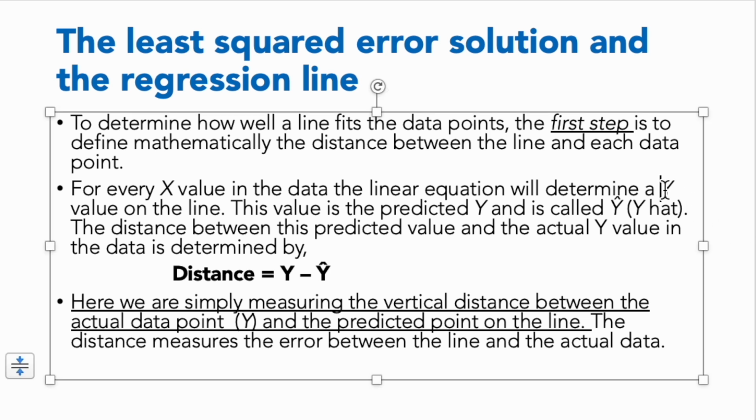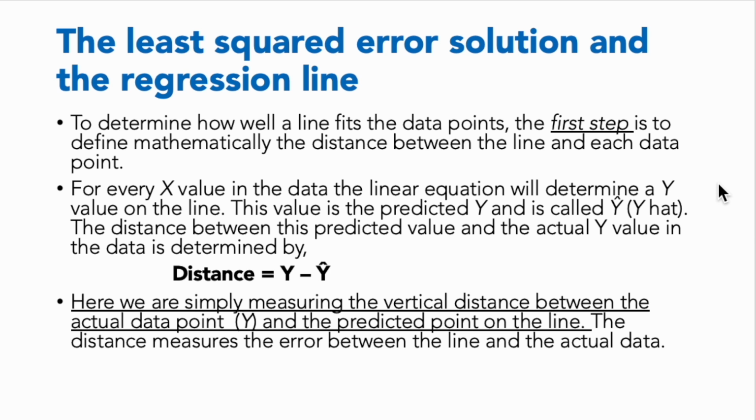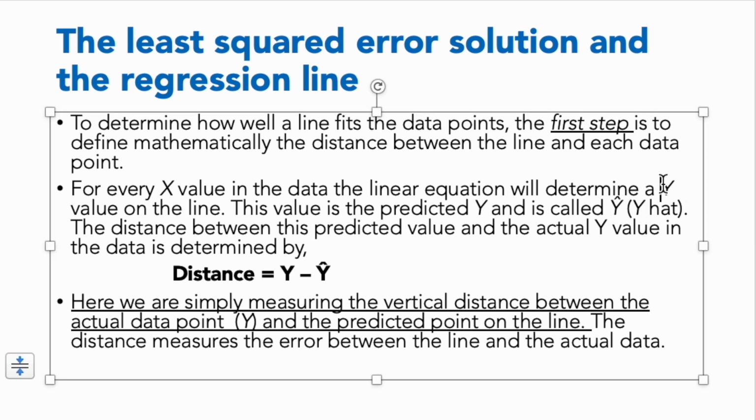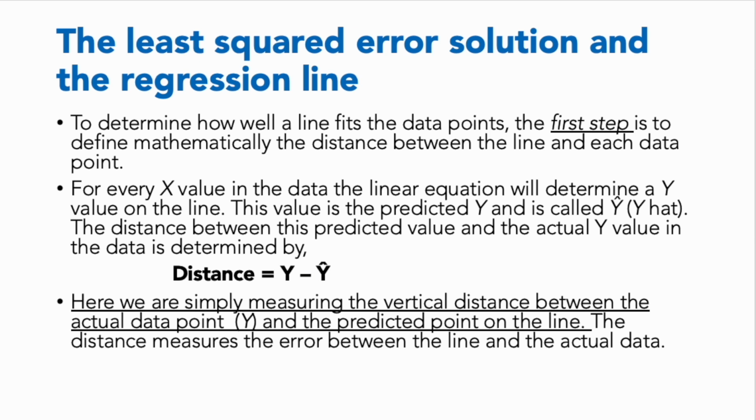The normal y is the actual y that you have. If you have two variables named x and y, the y is the original y that you have collected from your data collection. In relation to that, you have to find the y hat value for every y value, and through that you can find the distance between the actual data point and the predicted data point. The predicted data point is the point on the best fit line. So this distance is y minus y hat.